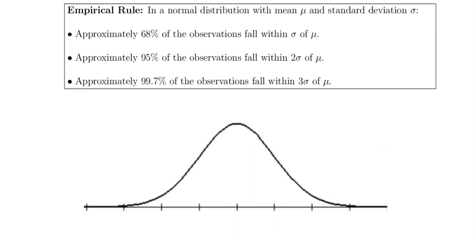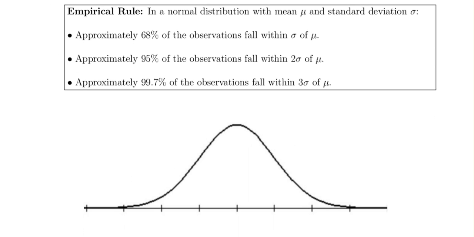So what that means, if we have a picture here, we can label the mean right at the center of our normal distribution, which, if you haven't seen what a normal distribution looks like before, is just this nice symmetric bell curve. In our picture, the mean, mu, is the center.